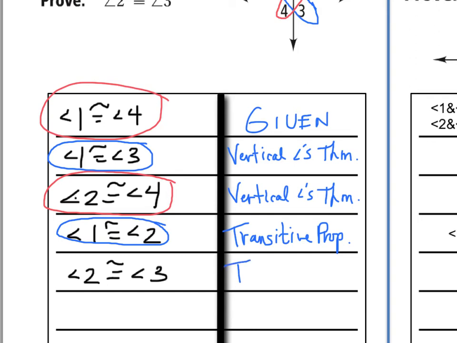This is another case of the transitive property. Three things are congruent to each other: angle 1, angle 2, and angle 3. In the red ones, it was angle 1, angle 2, and angle 4. We've now proven that angle 2 and angle 3 are congruent, in this proof by the transitive property.